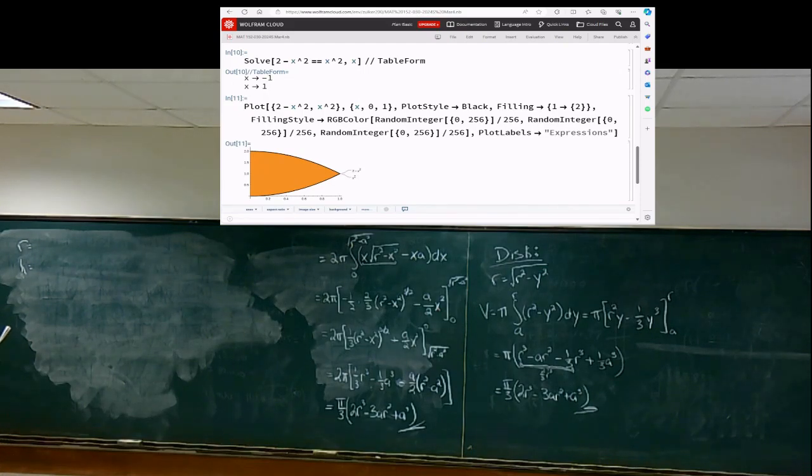Well, the radius should be simple. Radius is just x. What's the height? Oh, it's a function.